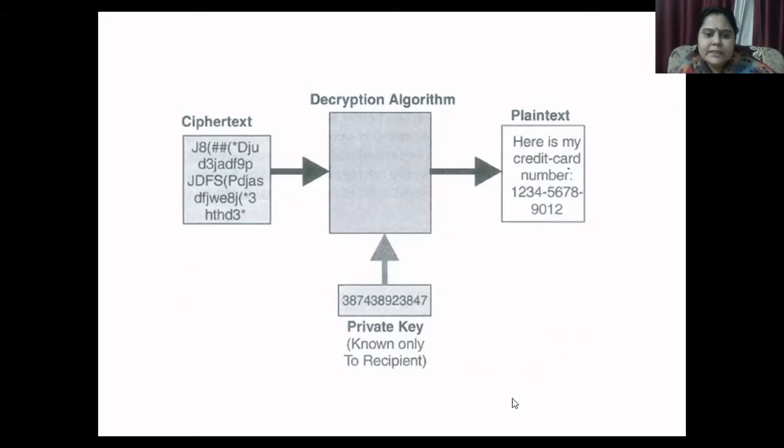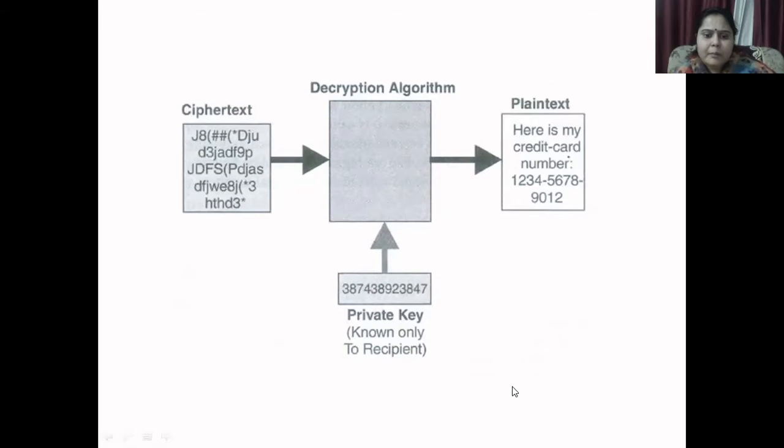Now, in public key cryptography, two separate keys are used to encrypt and decrypt data. The public key is shared with the other person, and the private key is known only to the person who decrypts the data.